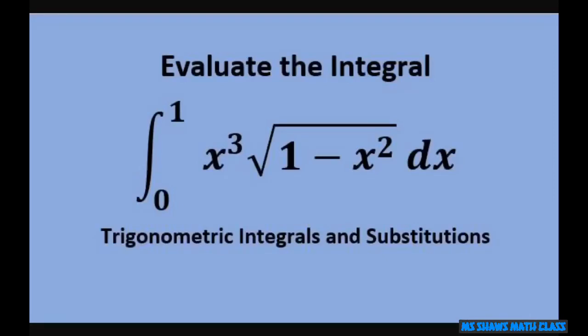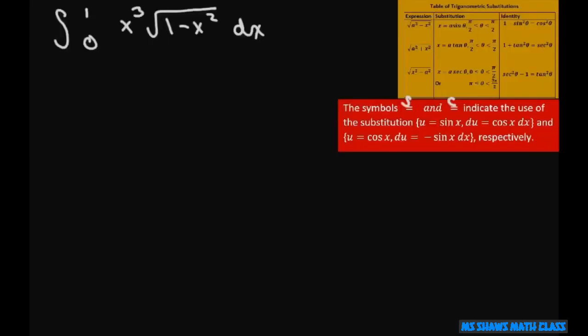Hey everyone, we're going to evaluate the definite integral over the interval 0 to 1, and we're going to use our trigonometric integrals and substitutions. So the first thing we need to know is this has the form of this one right here.